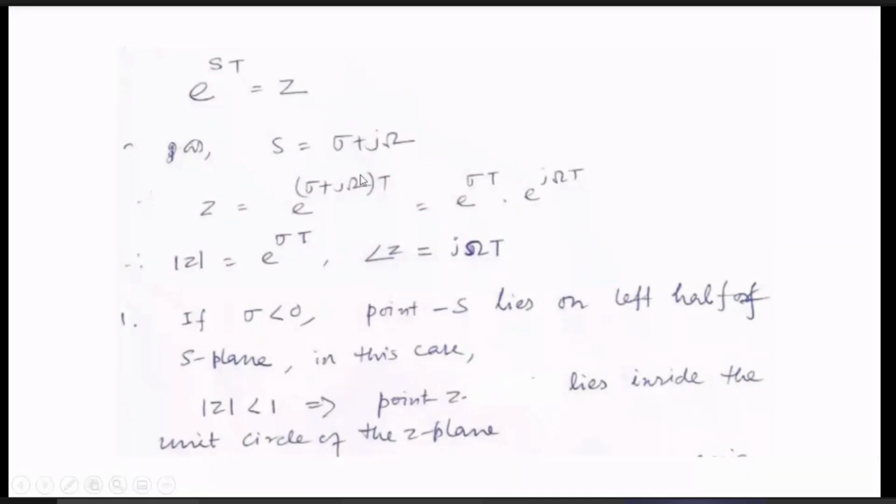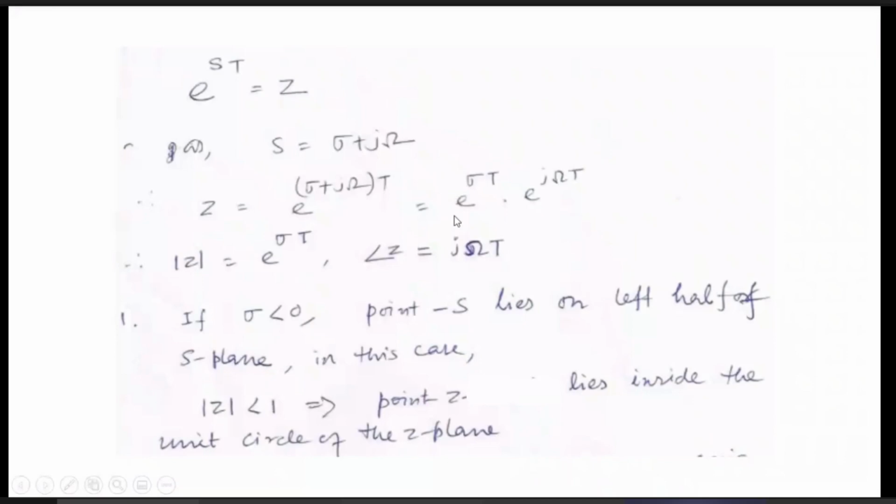So z is equal to e to the power st. That means in place of s we write sigma plus j omega, that means e to the power sigma t into e to the power j omega t.